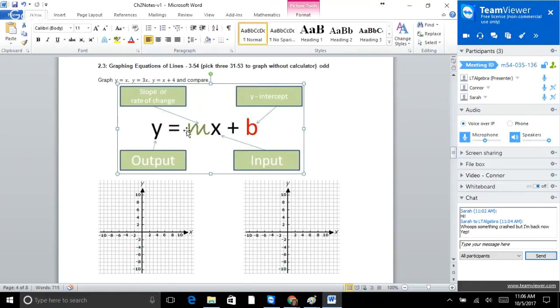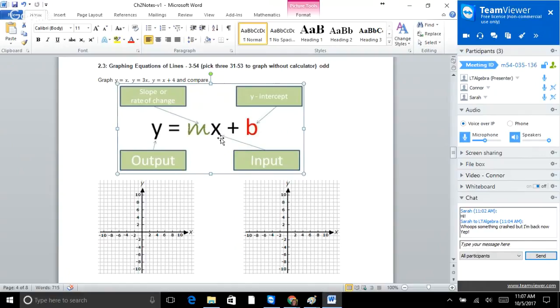In our equation we have m, which stands for our slope, which is what we just spent last section talking about, right? And we have b, which is our y-intercept, and that's basically where your line hits the y-axis. X is your input.